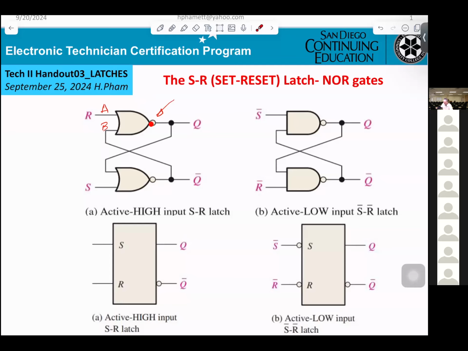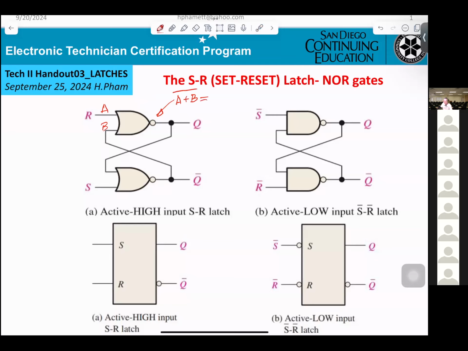Without the bubble, OR gate, that means A or B. And when you get an inverter, you put a bar over.